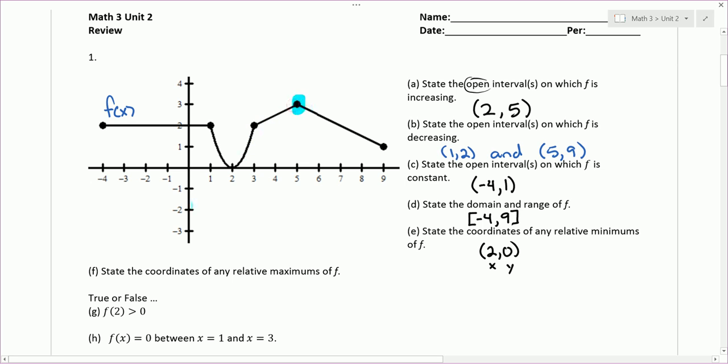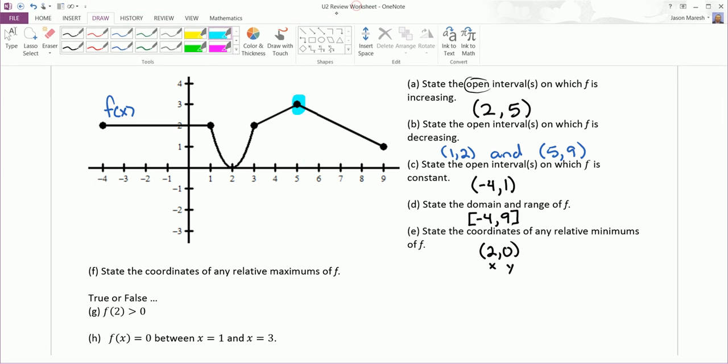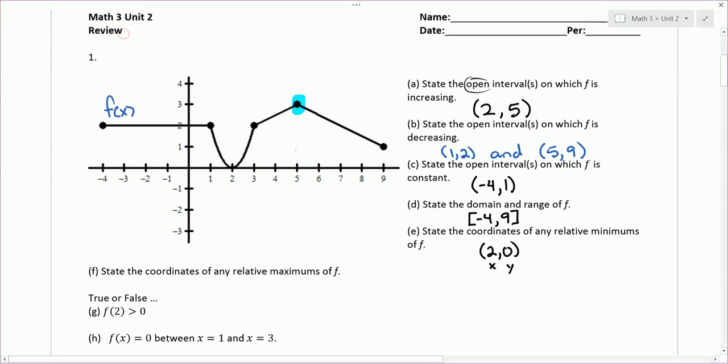So that point that I highlighted is a relative maximum. The coordinate of that point is 5, 3. And so 5, 3 is the only relative maximum on this graph, because it's the only spot that changes from increasing to decreasing.